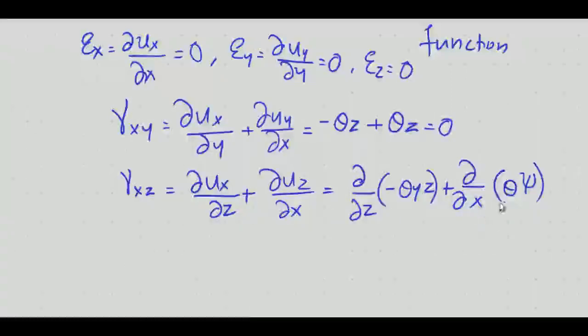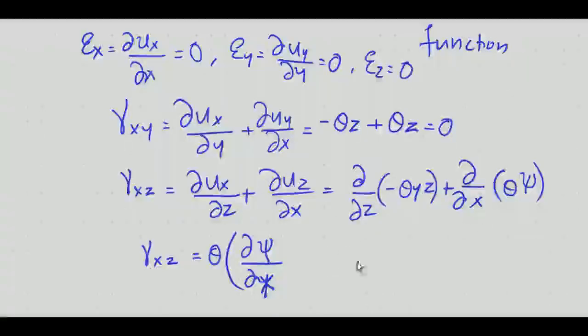So here θ, the angle of twist per unit length, is constant, so what we will get is γxz is equal to θ into (∂ψ/∂x minus y).